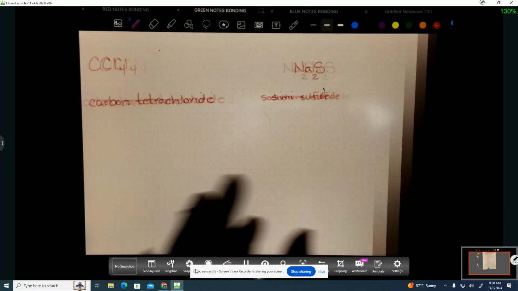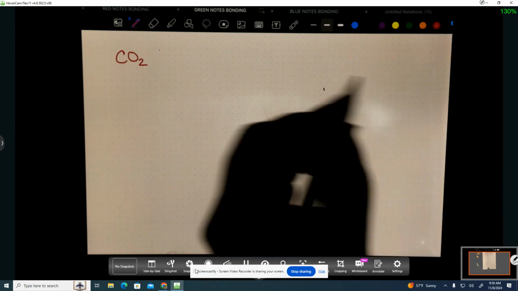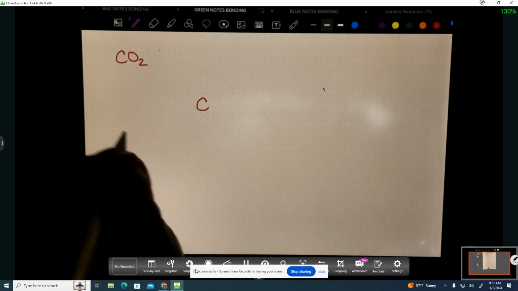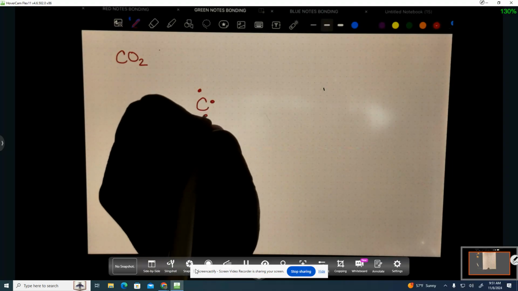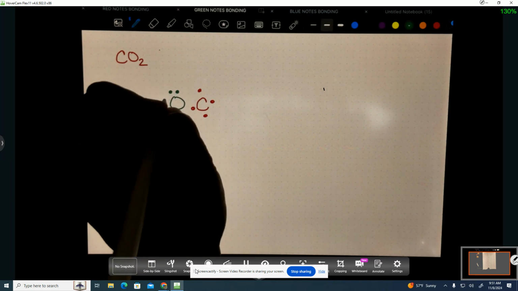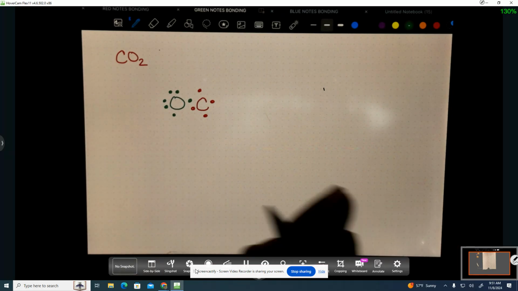All right, I forgot to draw carbon dioxide. We've got to draw that one. All right, carbon dioxide. What element goes in the middle? Carbon. We've got 2 oxygens. Here's your 4 electrons for carbon. Oxygen has 6. 1, 2, 3, 4, 5, 6.